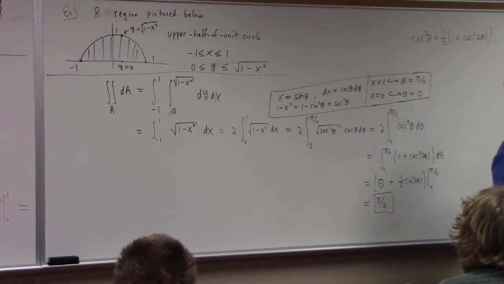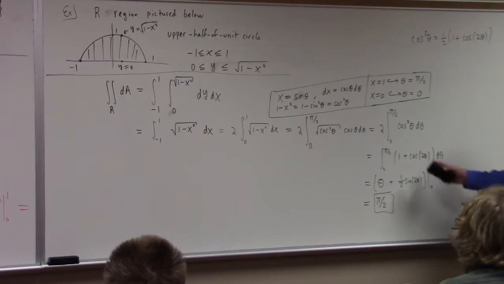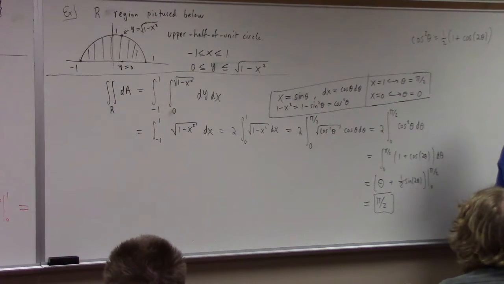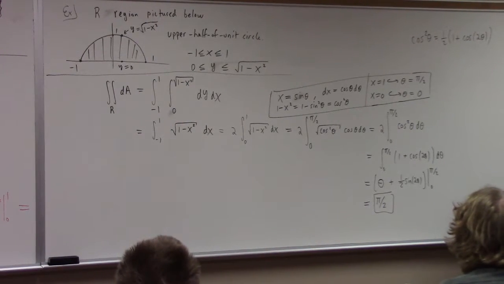So he's asking about the disappearance of the square root for the cosine. Indeed, it is the context that allows me to not worry about plus or minus cosine there.